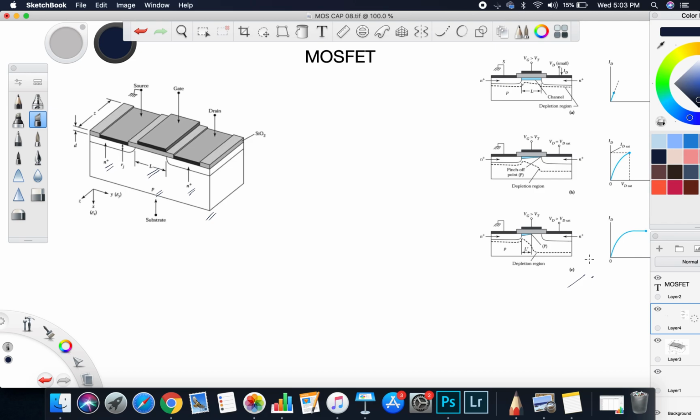So this is called the pinch off point, as you can see in figure B. Now, beyond the pinch off point, the drain current remains essentially the same, because for V sub D greater than V sub dsat at point P, the voltage V sub dsat remains the same.